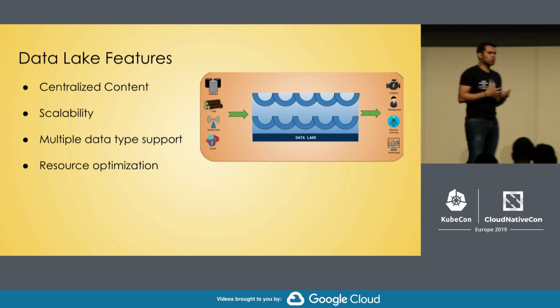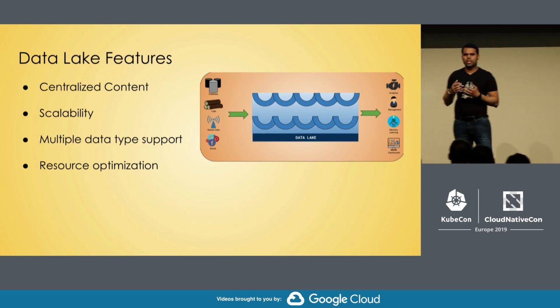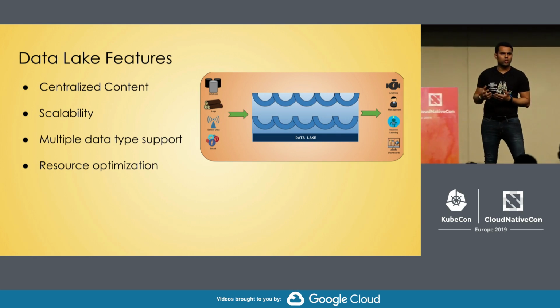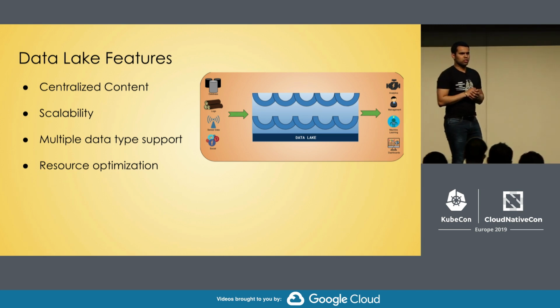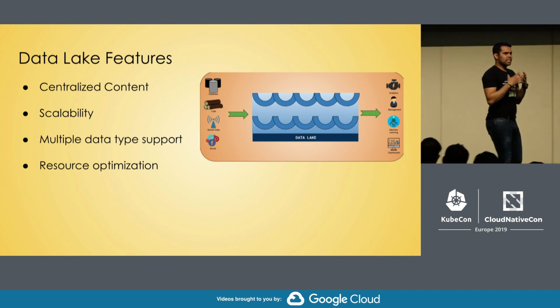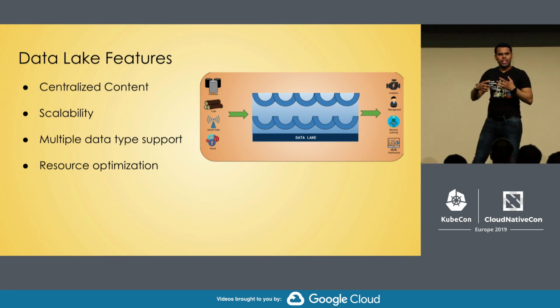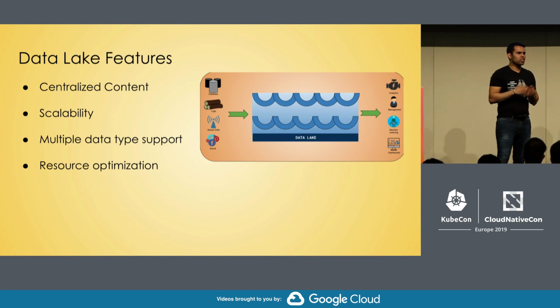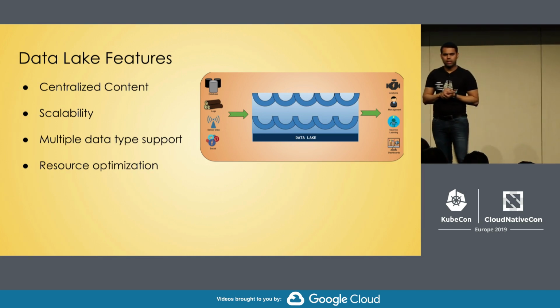Data lakes can support multiple data types, so structured, semi-structured, and unstructured data can all be put inside your data lake. And finally, you have resource optimization. By decoupling the compute from the storage, you can scale both independently. And now you can store your data in a cheap manner in your data lake as compared to databases.